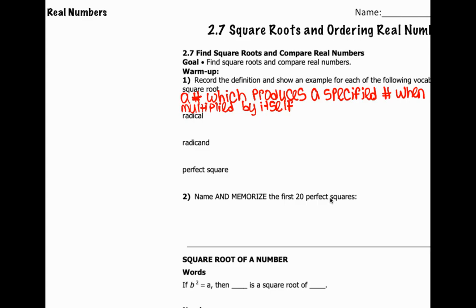So off to the side, an example for you, it would be 5 because 5 times 5 is 25.